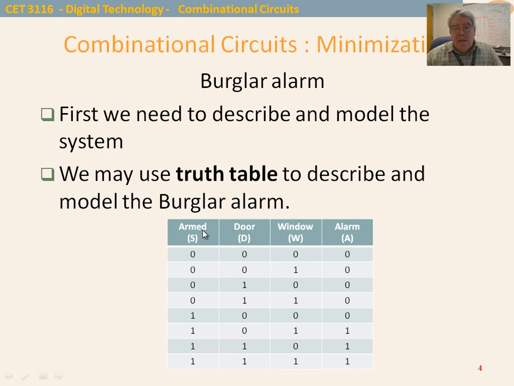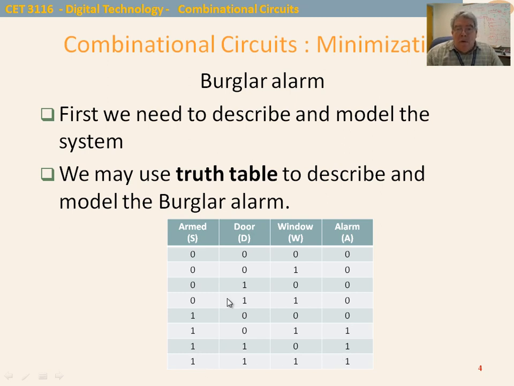If it is armed, we have a 1; if it is not armed or is unlocked, it's 0. Then we have the sensors for the door and the window: nothing happening is 0. Our output is the alarm, which is 0 if nothing is going on, and 1 if the alarm is going off, sounding.